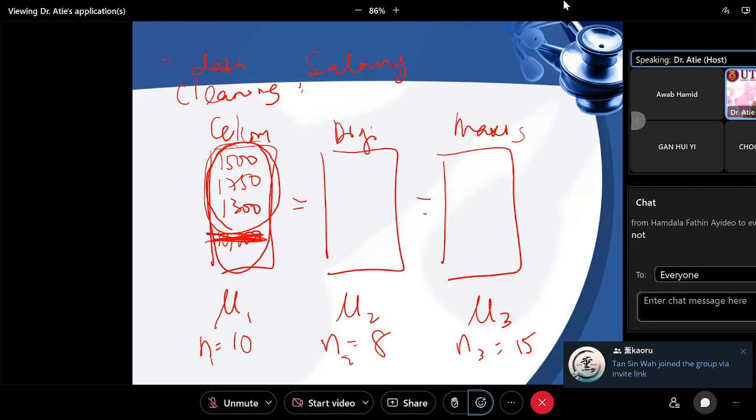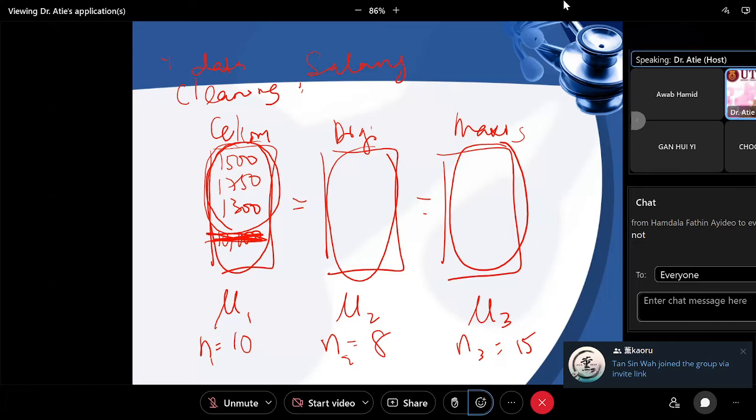And then next one. Okay, we already settled with the Celcom people because those people selected in our study have almost equal salary. Fine, good. Now we need to look at DG and Maxis. Same thing. We need to look at DG, and the same thing for the people from Maxis.